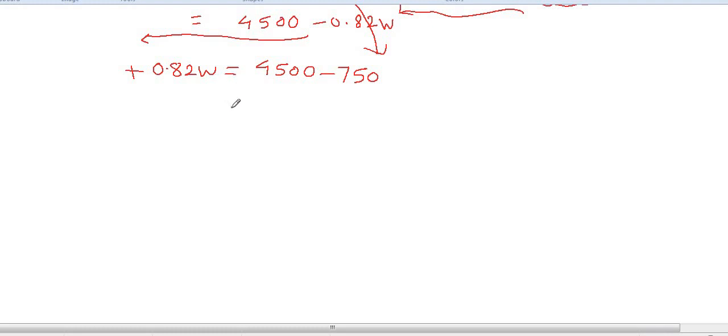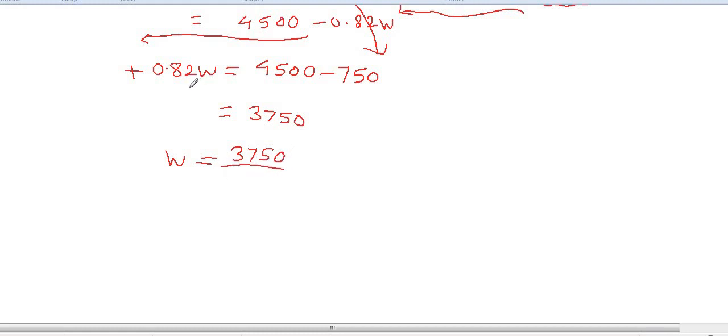Now how much do you get here? 4500 minus 750. Please operate the calculator. Are you getting 3750? Okay, from this you get W is equal to 3750 by 0.82.